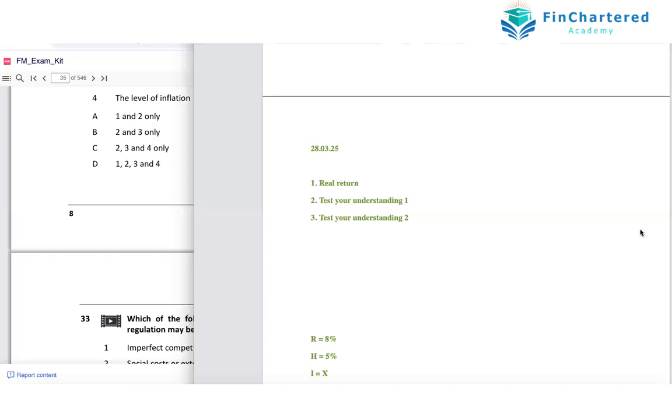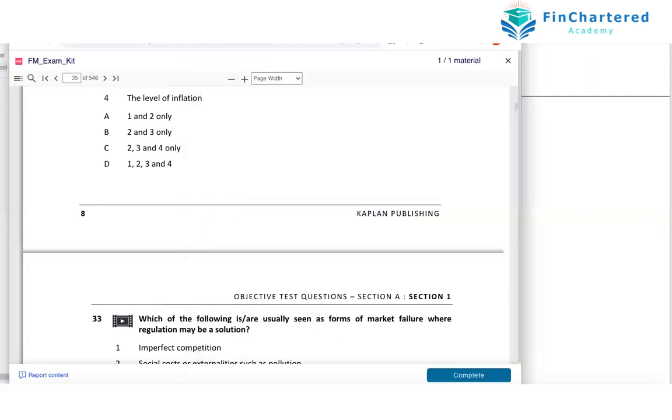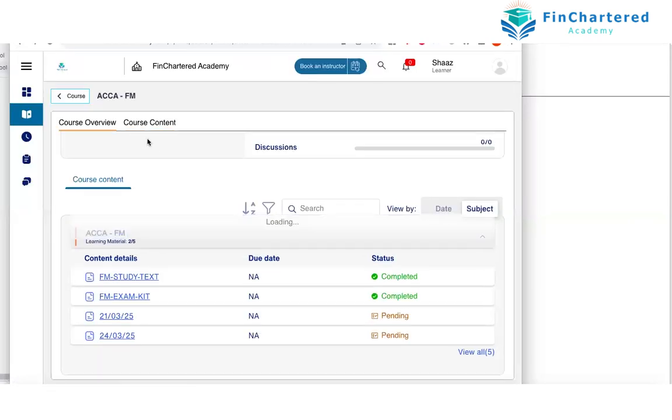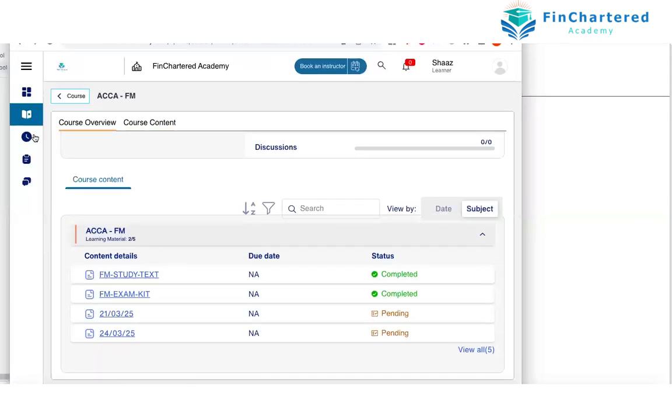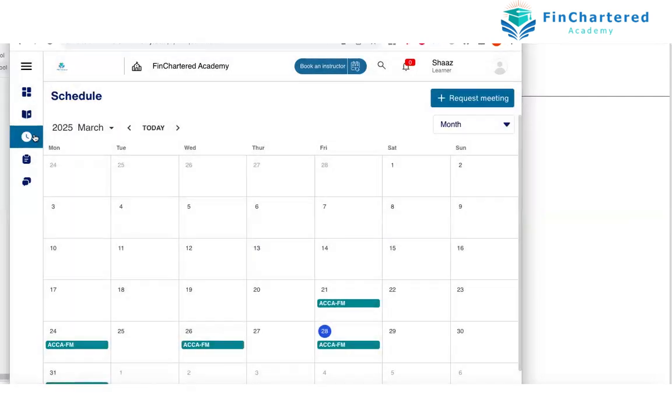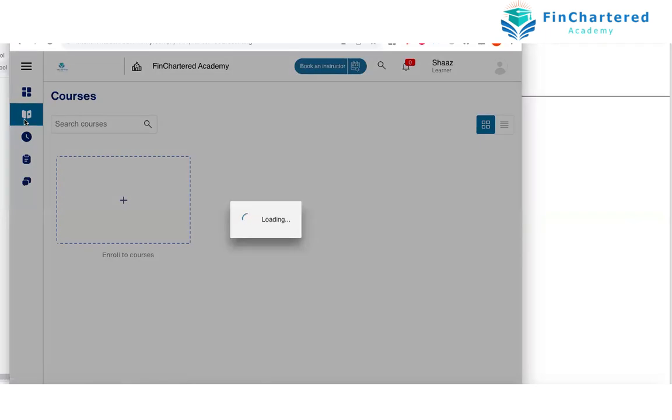Yeah. So again, please be practicing the kit. So basically, this is what the LMS is. Anytime you get a test, the test will also be shown here.